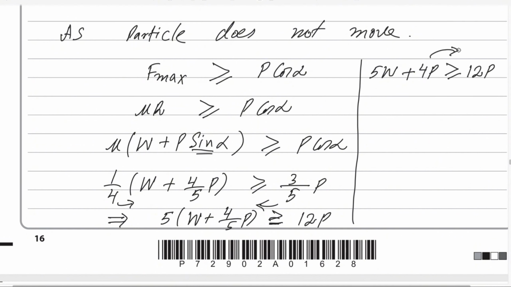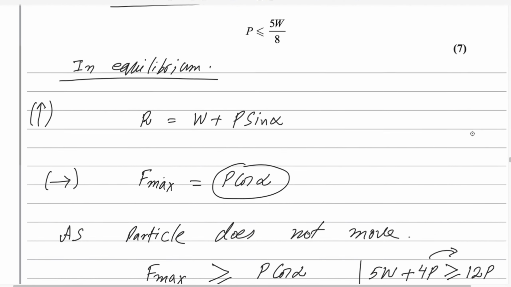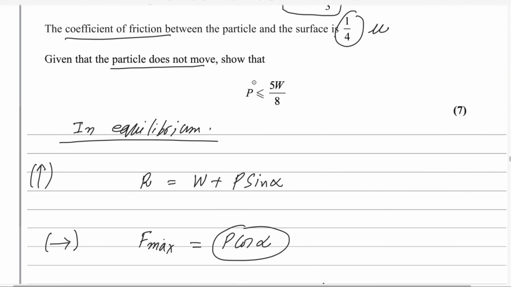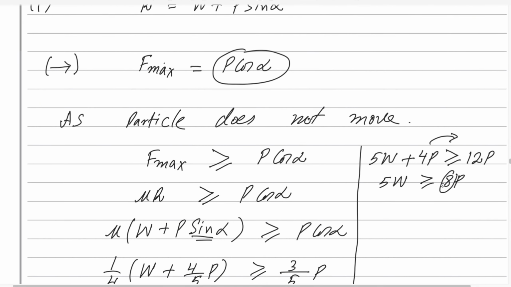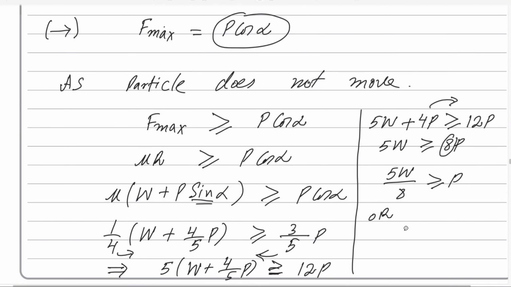So this 4P goes there, it will be subtracted from the other side, so it will be left with 8P only. 12P minus 4P will be 8P. We want to get the value of P actually. So we will divide to the other side, so it will be 5W/8 greater than or equal to P, or we can write P is less than or equal to 5W/8. It is as required.